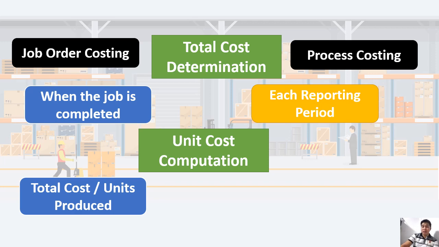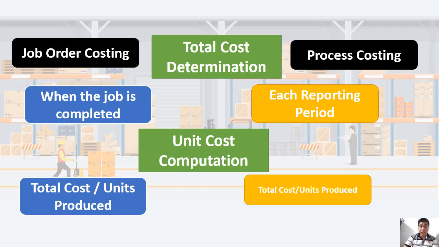Diba? Sa process costing, hindi natin pwedeng gamitin yon as is kasi nga, continuous yung production. So meaning, from time to time, nagpapasa ng unit si Department 1 to Department 2, then the Department 3 until dun sa ating finished goods inventory. Although the computation is the same, which is the total cost divided by the units produced, kailangan po nating mag-isip kung ilang units ba yung ilalagay natin dun sa ating denominator.